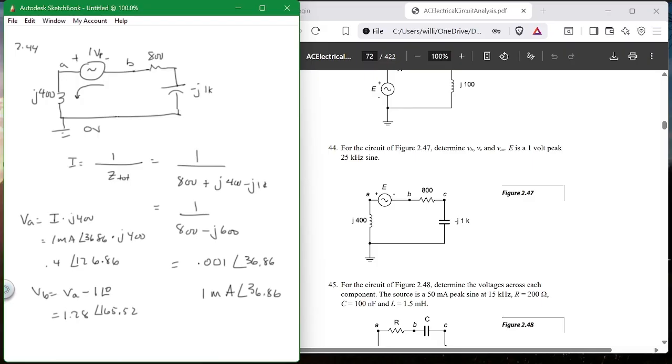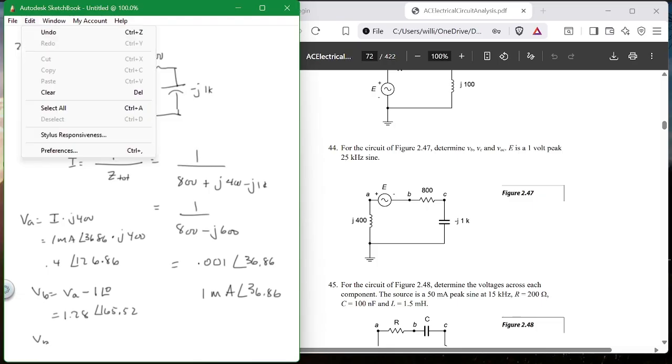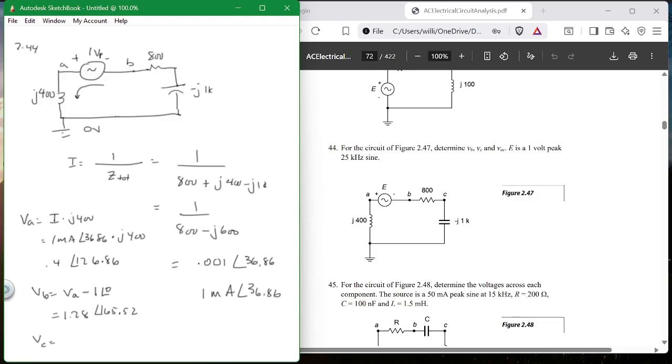All right, then what else do they ask? VC, so what is VC? Well, VC is equal to, if the current's going like this, a current of, right here, but it's going to be minus, since the current is coming from the bottom.